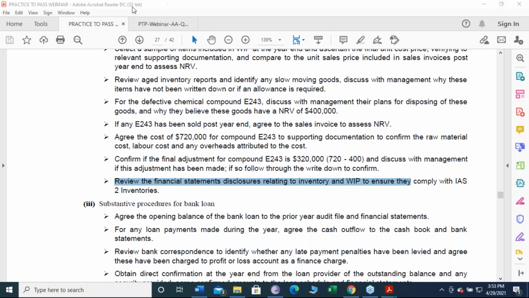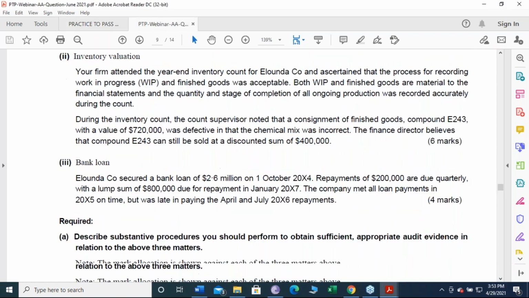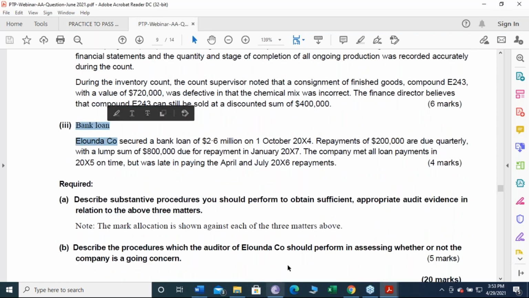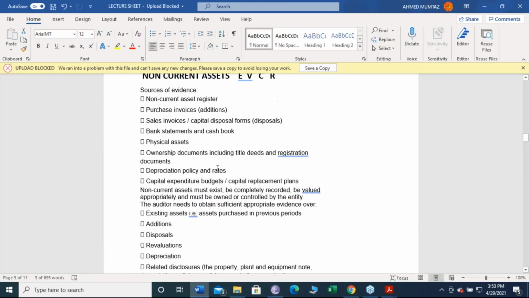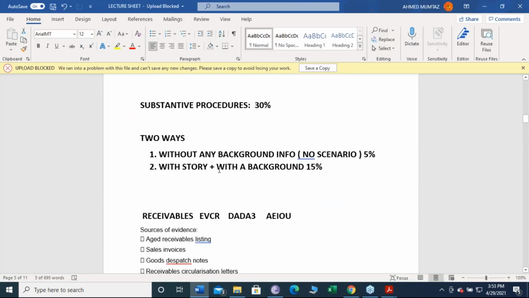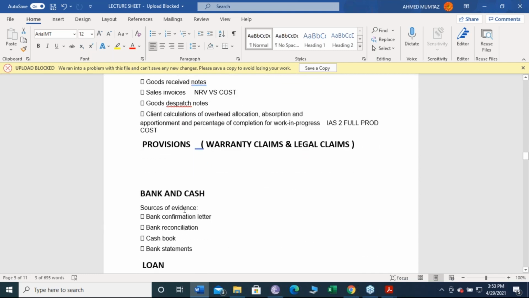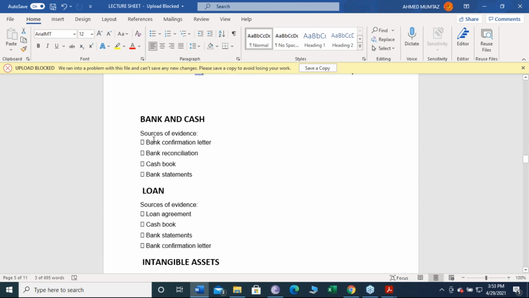Okay, let's go to the last story. Let's kill it. Bank loan. When it comes to bank loan, I would like to first of all revise and recall what sources of evidence I have. Confirmation letter, yes. Reconciliations, okay: reperform the bank reconciliation in order to verify the mathematical accuracy.